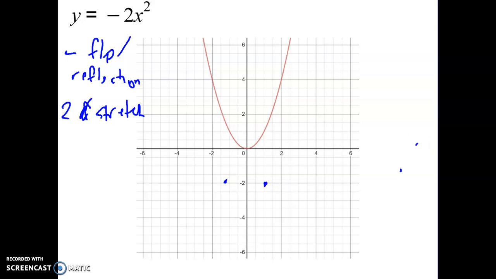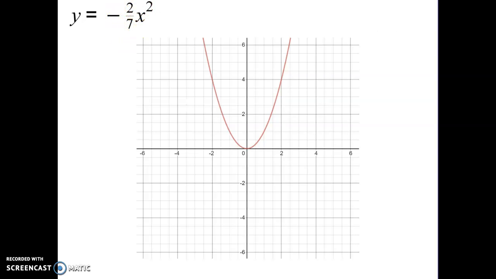So when I connect the dots, this graph is going to end up being much thinner than the graph above it. So 2 separate things going on here. I have a reflection, and at the same time, I also have a dilation, or I have a stretch. So there's my graph flipped upside down and also stretched.